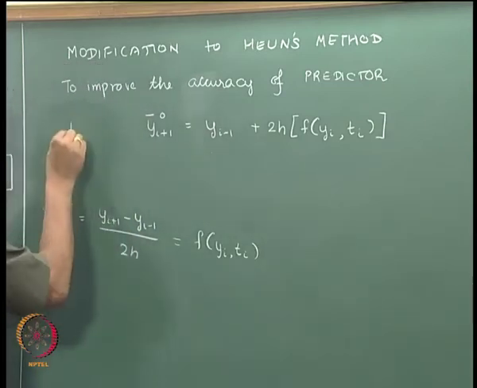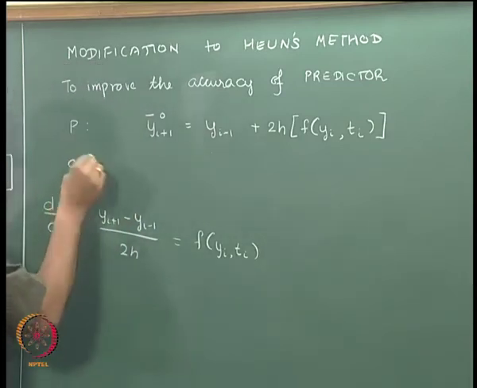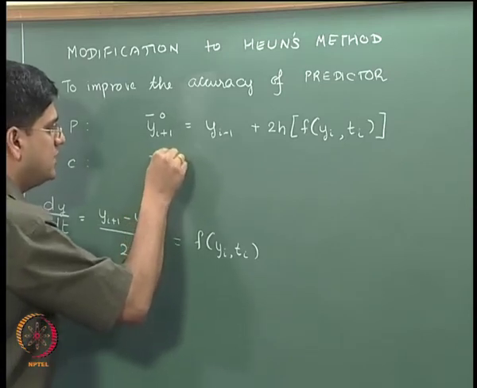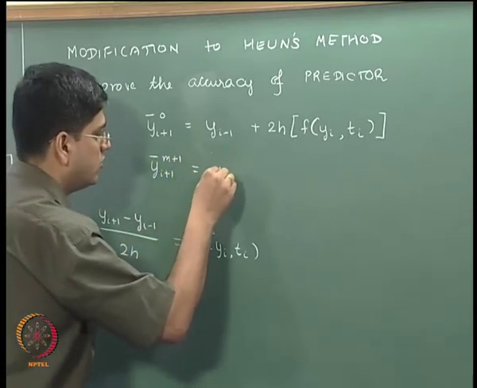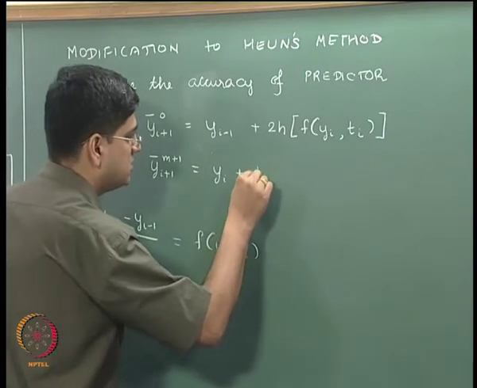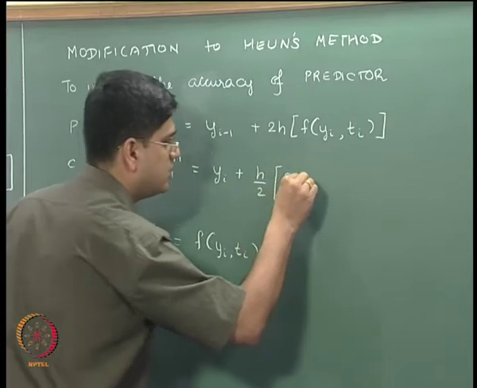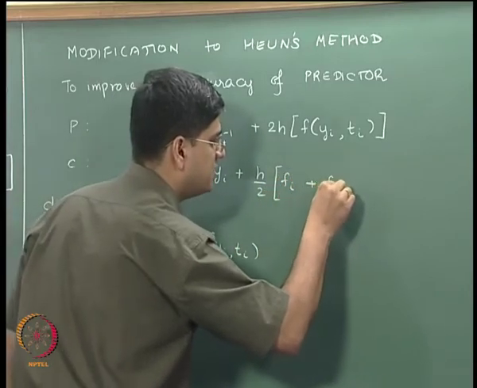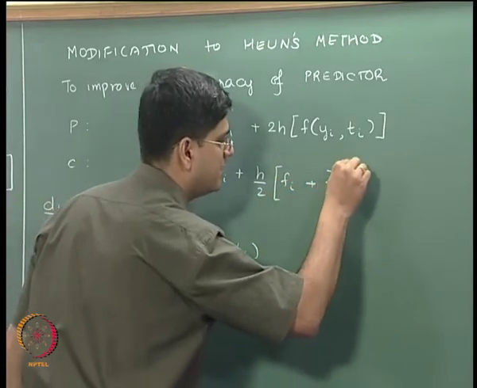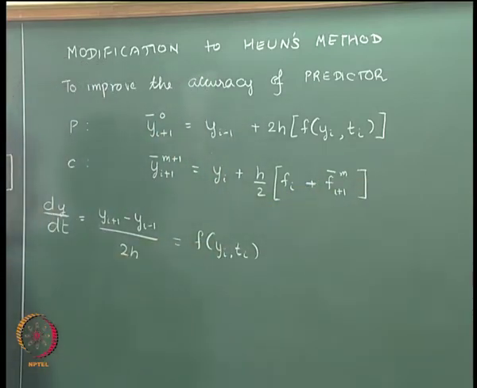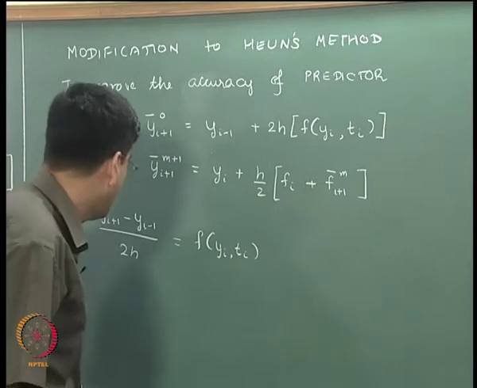So, that is the predictor equation, and the corrector equation remains the same, y I plus 1 bar m plus 1 equal to y I plus h by 2 multiplied by f of I plus f of I plus 1 bar m. Okay, I am just using shorthand notation over here because I do not want to write this entire expression all over again.